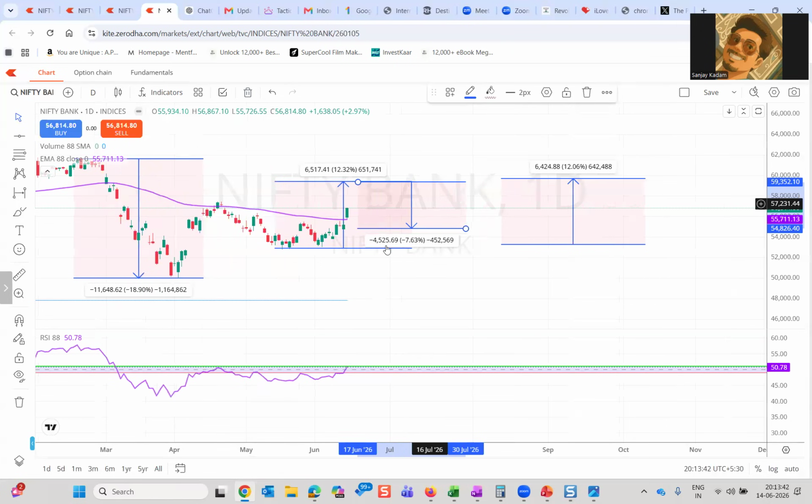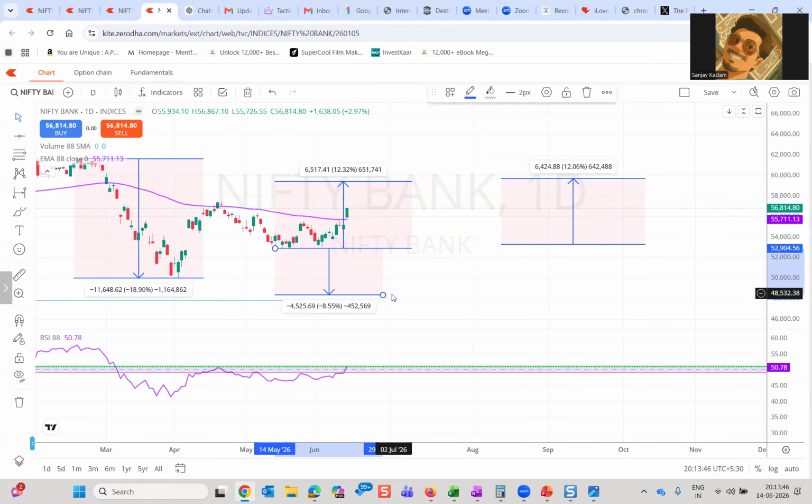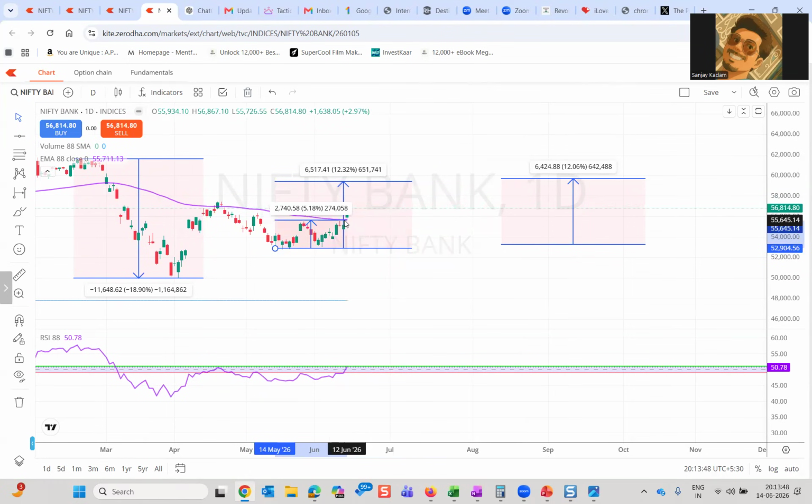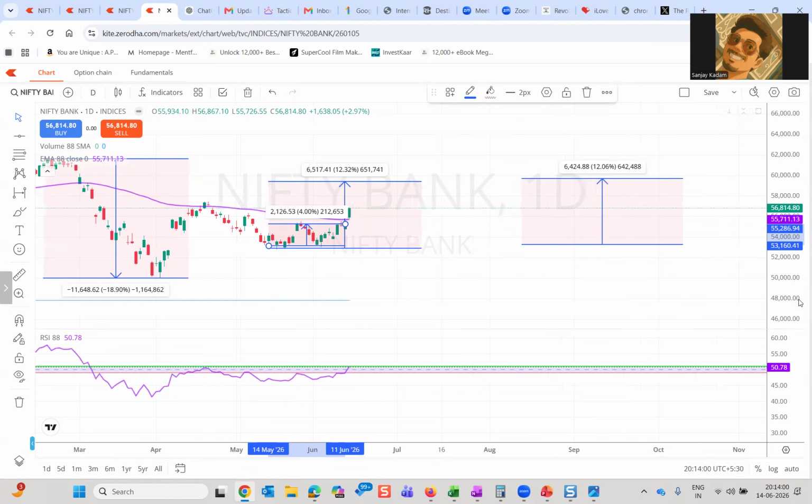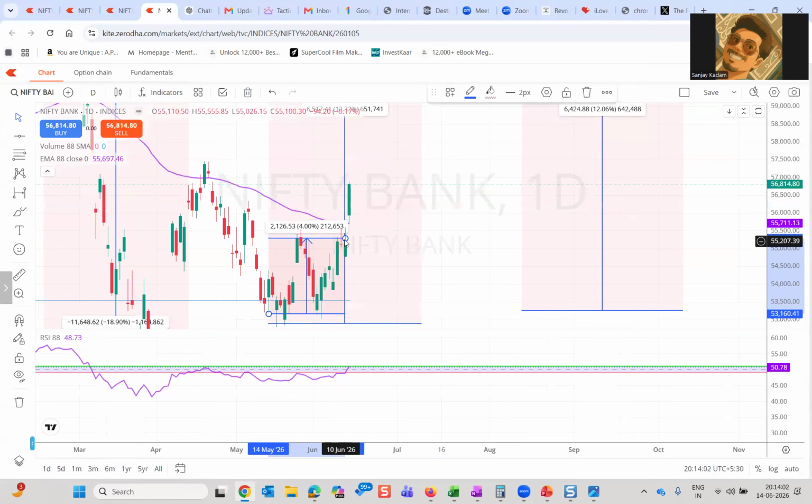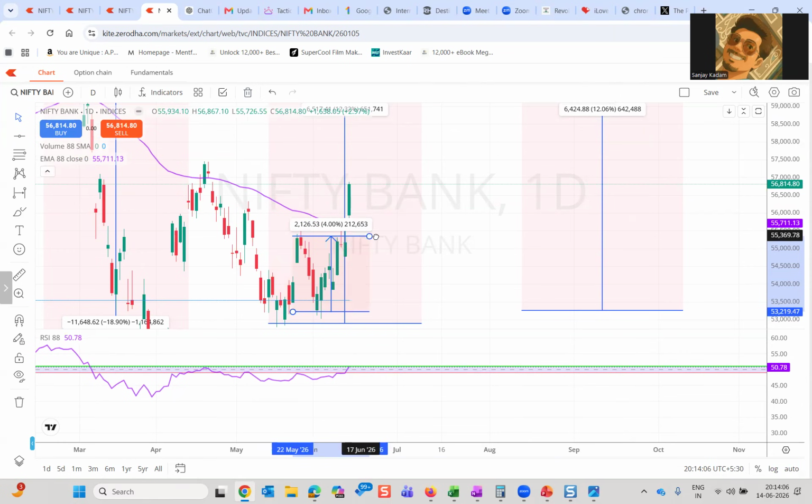Here the SL is made at the control point. That control point is nothing but 2160. The SL is made here. If price is closing above 2160 from the low, if this low, and above this if we get a closing, then it is necessary to cut the position here. From this point we have built our position, and when it is closing above this, we should cut that position.